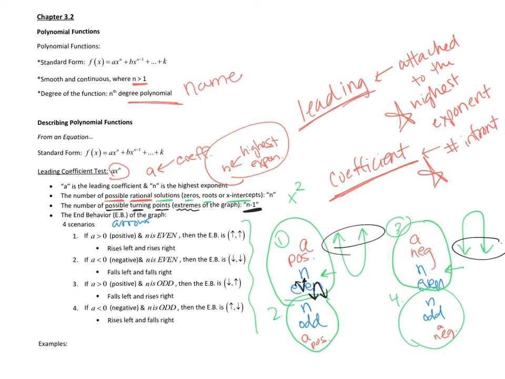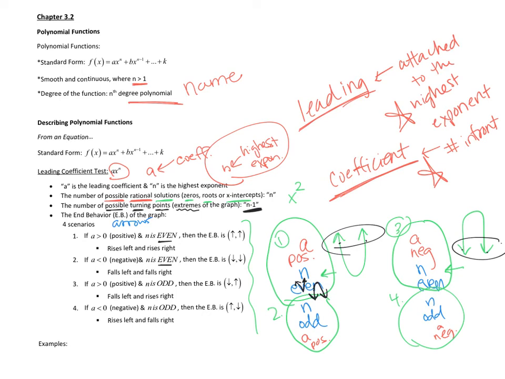If I have something that's even, I know that both of my ends are going to be up, or both ends will be down. We could call that rising to the left and right, or falling to the left and right. Even is going to be exactly the same.